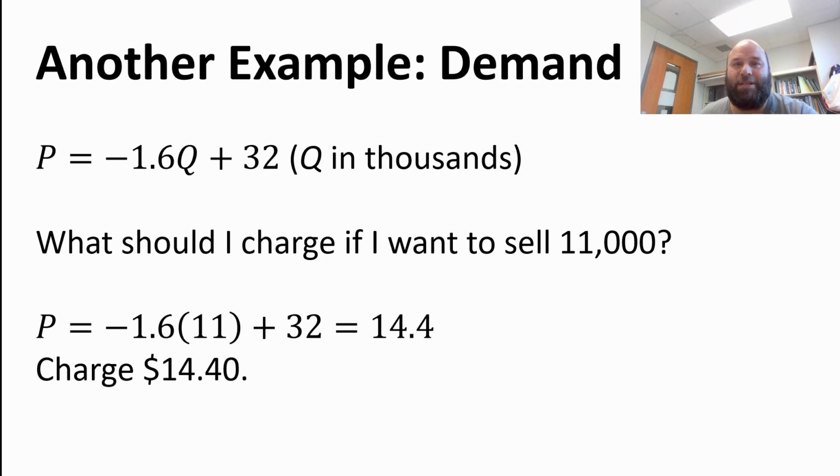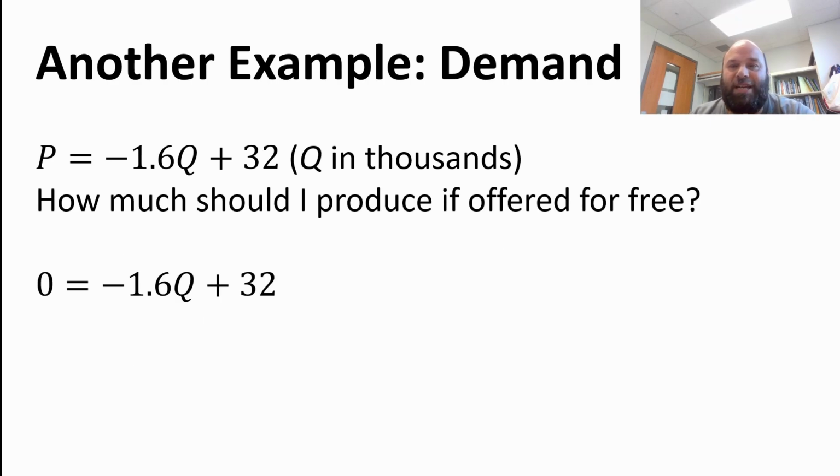Let's look at the second question. Same equation, but now let's suppose that we're in a big city and this is a major service that's offered for free to, say, the homeless. How much of this good or service should you be prepared to produce, given this demand? Well, what that tells you, if we're offering it for free, is that the price is 0.